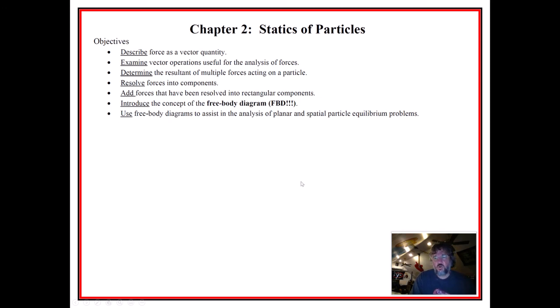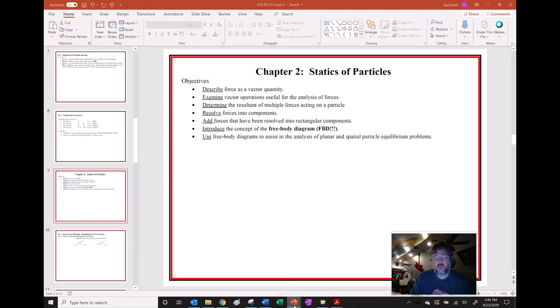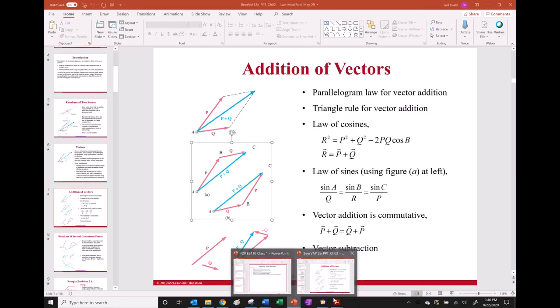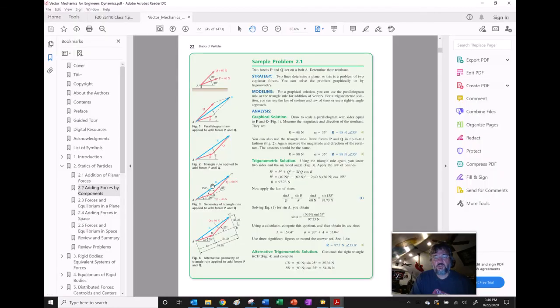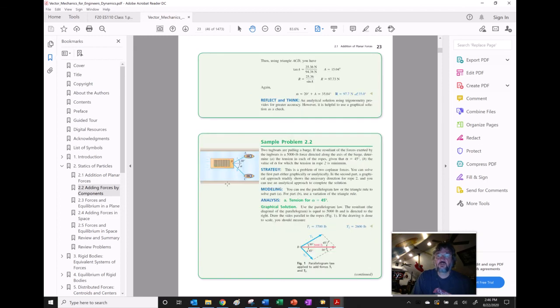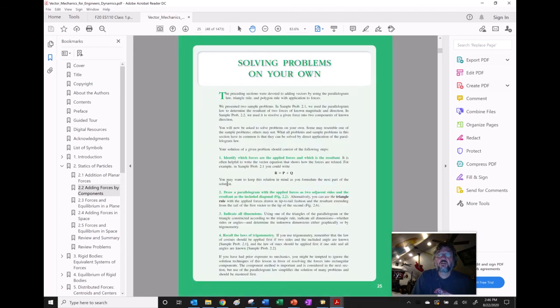One last thing. So this video is ending here. One last thing I would tell you, we'll discard all this stuff right here. And I want to direct you to a part of the book right here. This is called Solving Problems on Your Own.